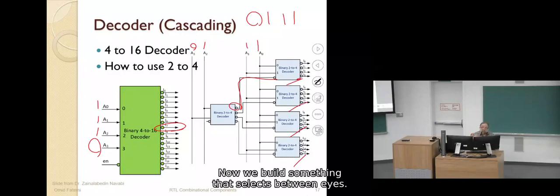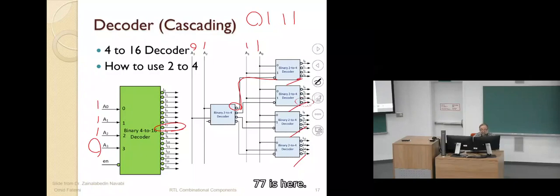So now we built something that selects between decoders. Now we have to activate only the one that we want, which is this one. We wanted I7. I7 is here.